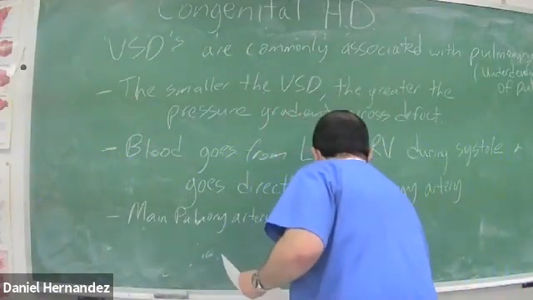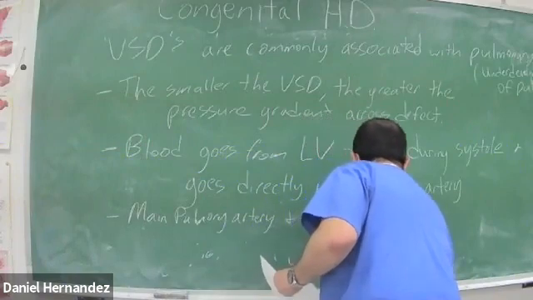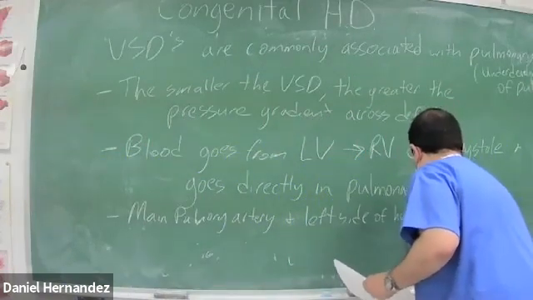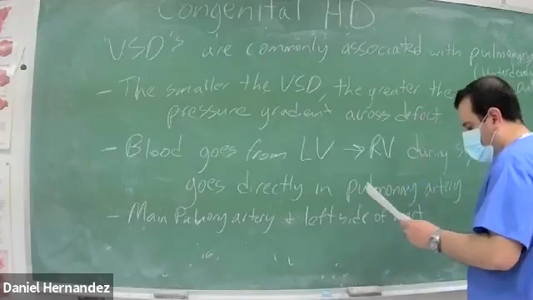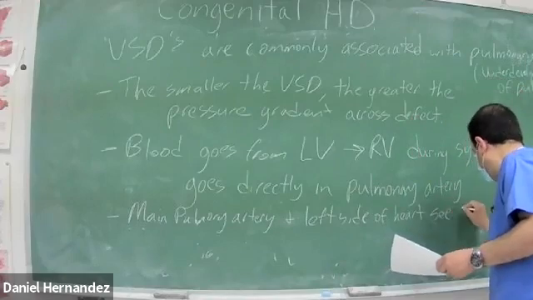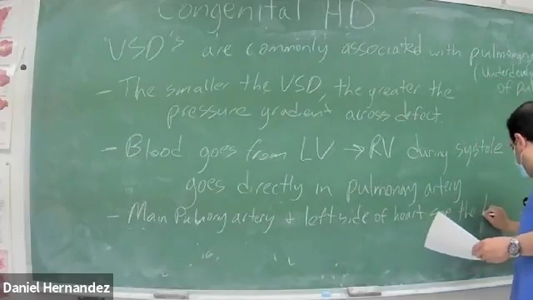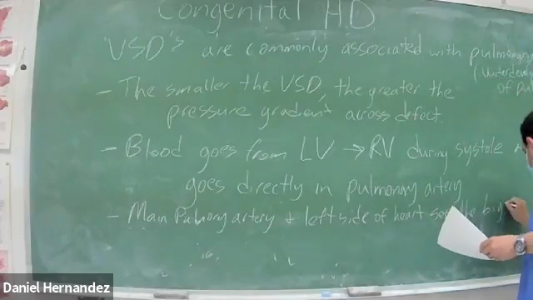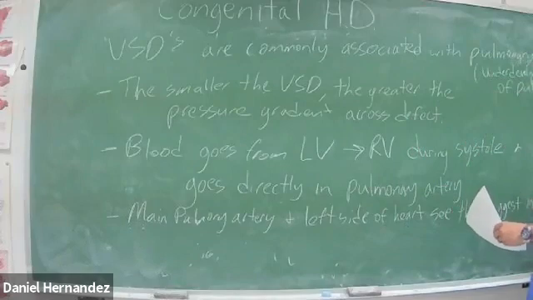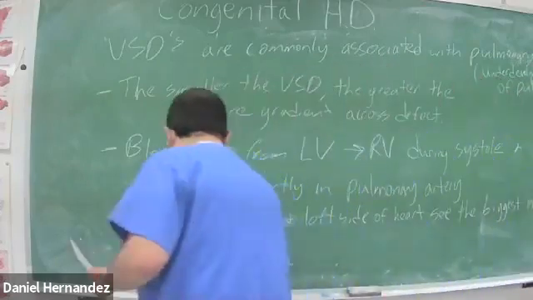The left side of the heart sees the biggest increases in blood volume.